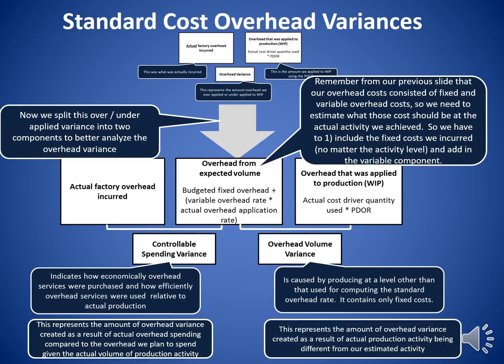And then number two, the overhead volume variance represents the amount of overhead variance created as a result of actual production activity being different from our estimated activity, and hence that's why we call it the overhead volume variance.